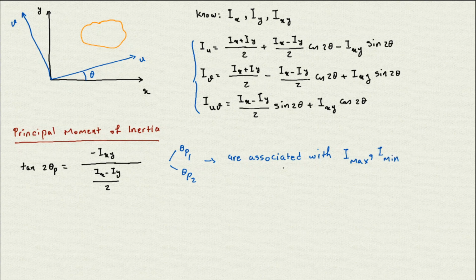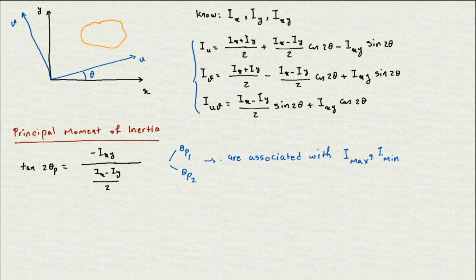So it gives us two values: at one of them we have the maximum moment of inertia, and at the other one we have the minimum moment of inertia.